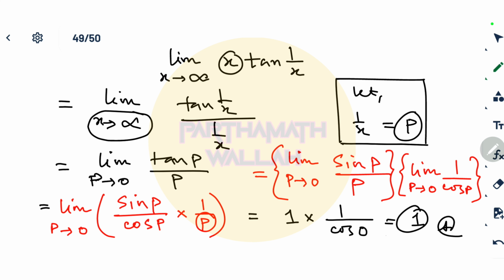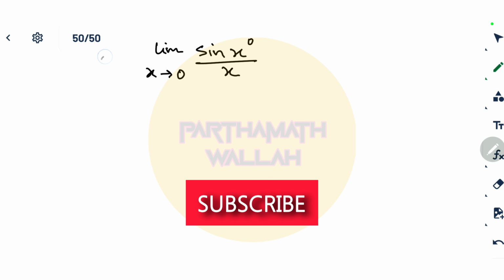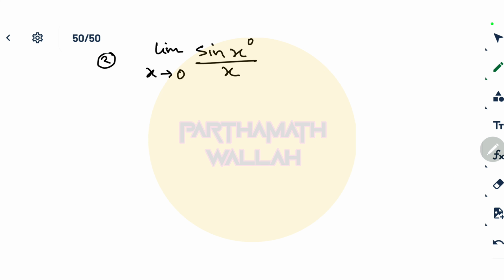Thus it can be solved using limit properties. So let's take another example. Our second problem is limit x tends to 0, sine of x degree divided by x. First we know that limit x tends to 0, sin x by x is equal to 1.